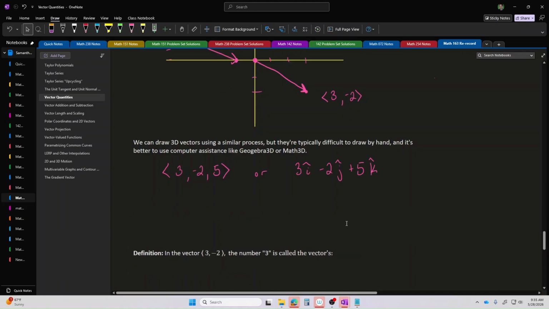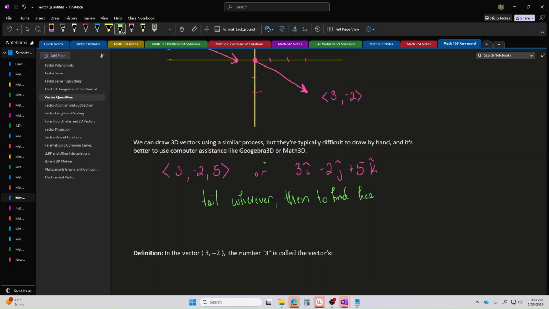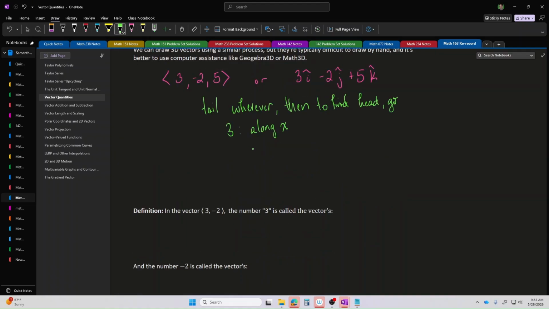And this is just telling you wherever you put the tail of your arrow, then to find the head of this arrow, we go 3 units along x, we go 2 units along y in the negative direction, and we go 5 units along z.